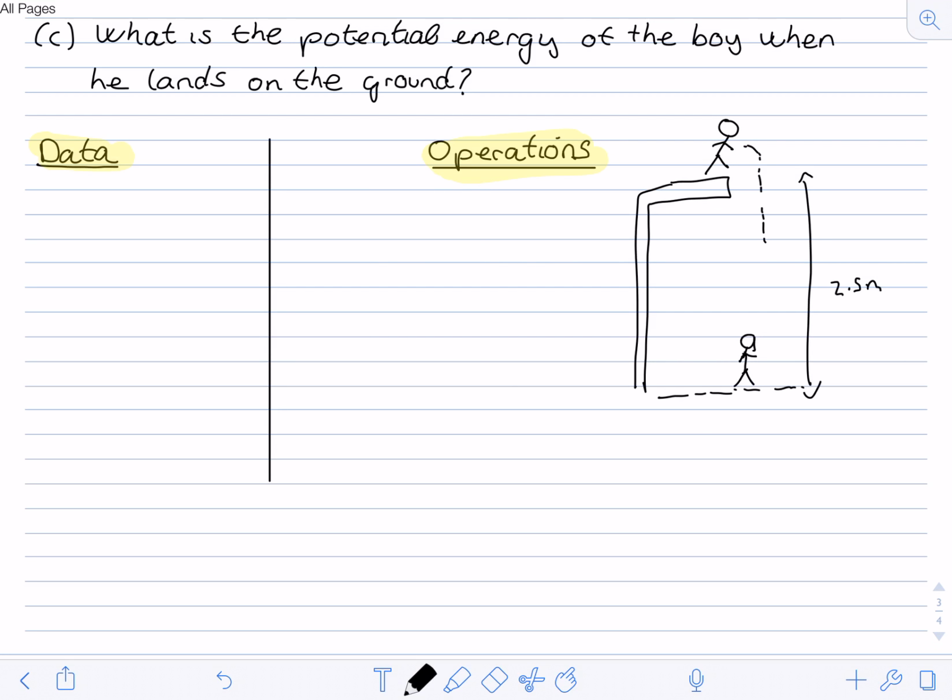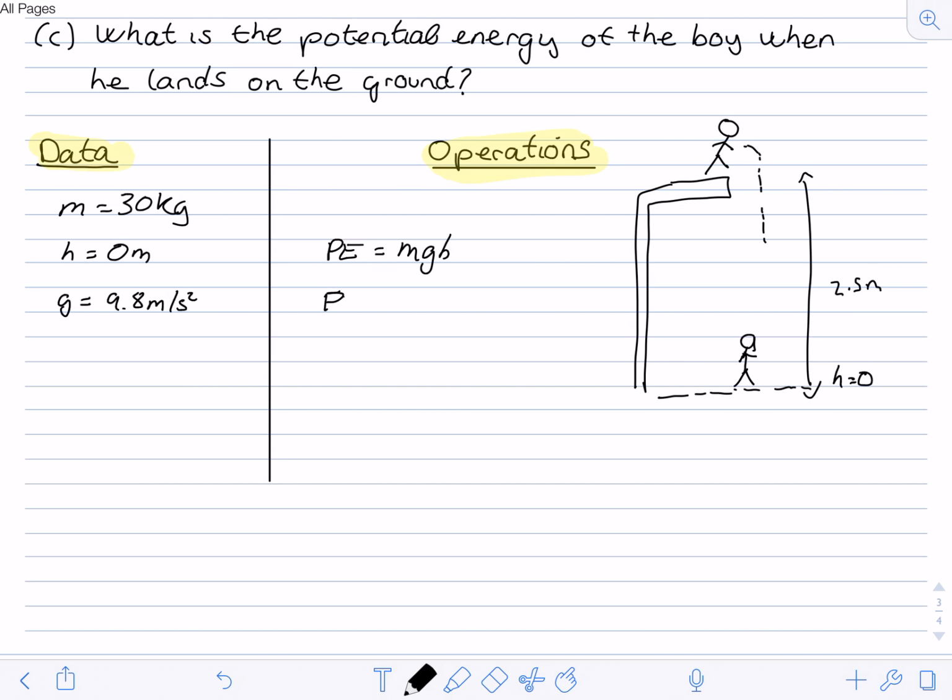So when he's just on the ground, the height is going to be equal to 0, because height is relative to the ground. So when he's on the ground, his height is going to be equal to 0. So we know that the mass is equal to 30 kilograms, that the height is equal to 0, and the gravity is equal to 9.8 meters per second squared, as always. So we have that the potential energy is equal to mgh.